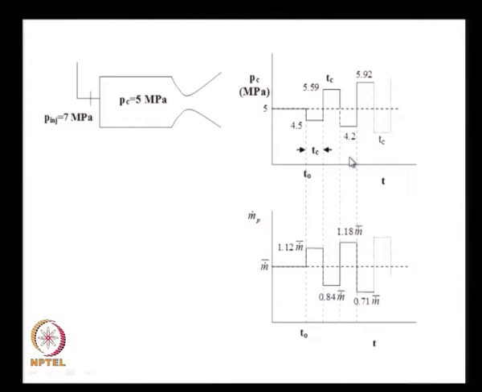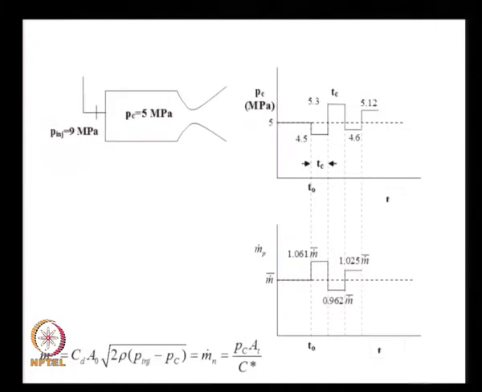We also did one exercise wherein we had the injection pressure at 9 MPa, and what did we find in this case? Instead of repeating the whole thing, we started with a pressure drop up to 4.5. After a delay time, because of the decreased pressure, an increased mass of propellant flowed into the chamber, and the pressure again increased, but to a smaller value, and the successive values kept on decreasing.